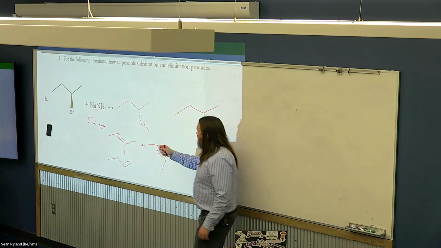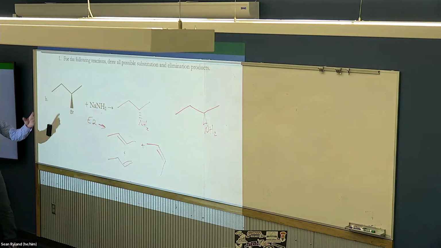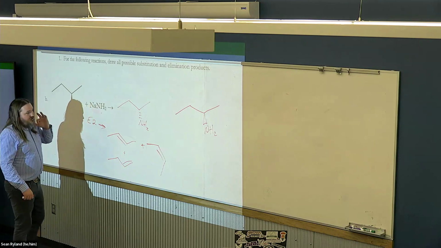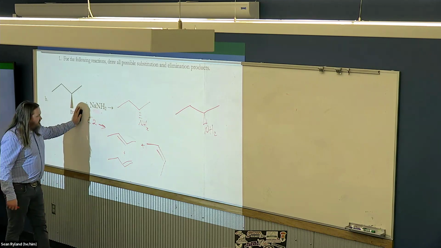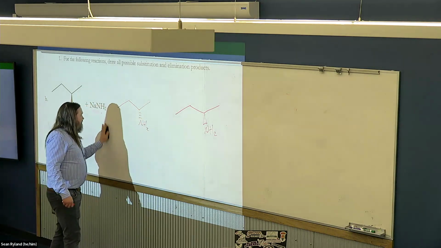Right, because when your leaving group leaves and that becomes trigonal planar, now our nucleophile can attack from either side, so we'll get both of them. But E1 is not gonna give us any different, we still have the same two alpha carbons, the same hydrogens that can be pulled off. This one was actually a simpler question, because you only have those 5 products.